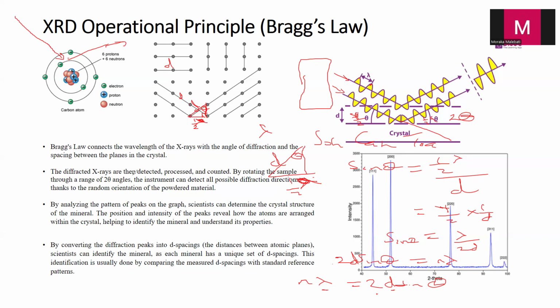The diffracted X-rays are then detected, processed and counted by the detector. By rotating the sample through a range of 2 theta angles, the instrument can detect all possible diffraction directions, thanks to the random orientation of the powdered material.